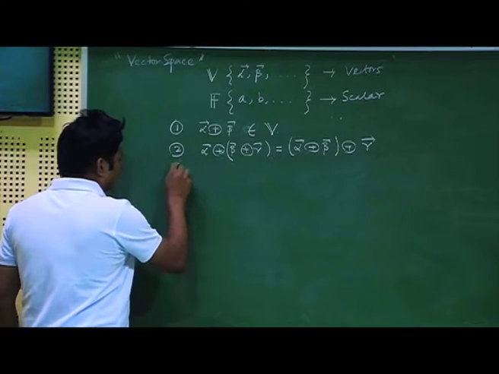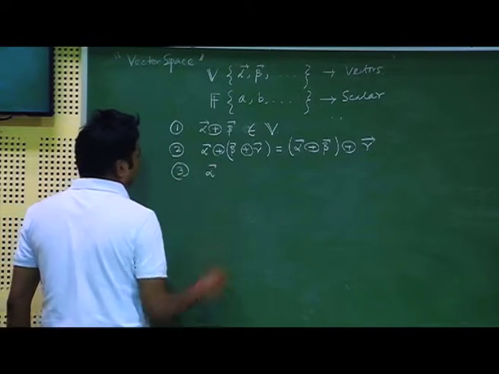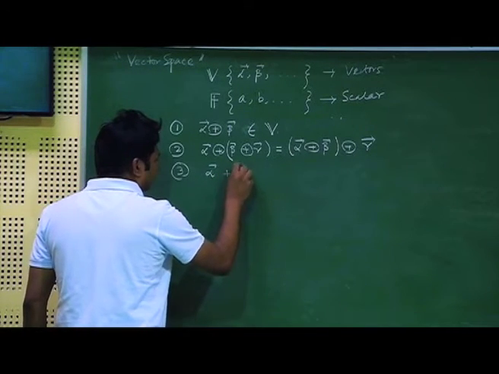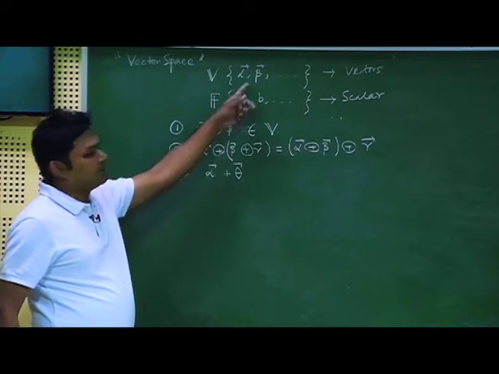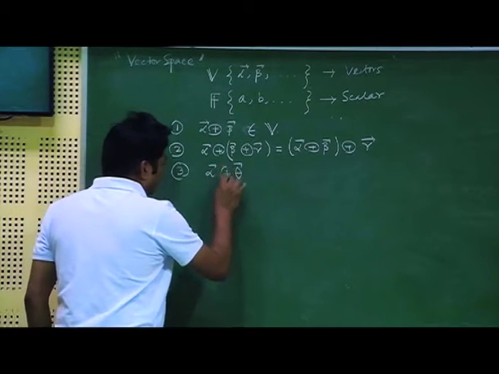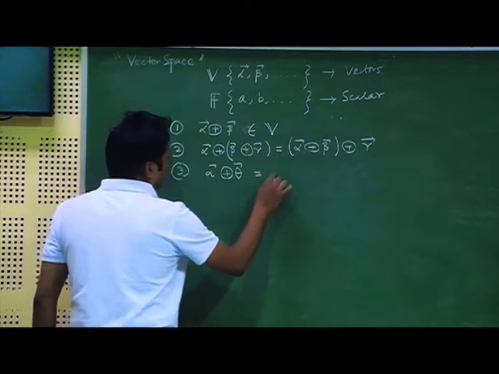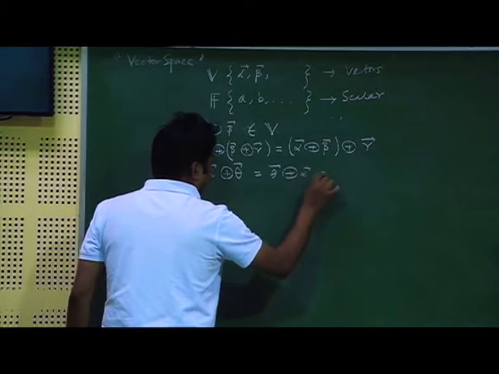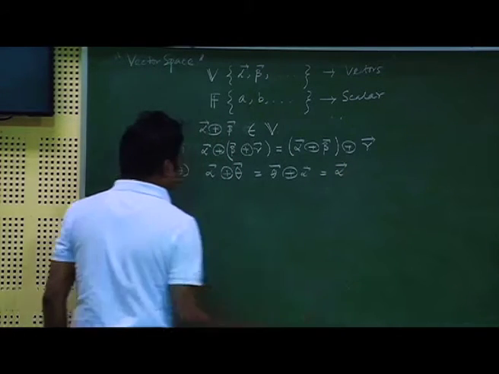So okay, fine. Third, alpha star theta, where theta is some element here. If I add these two things with theta, I will return back alpha.